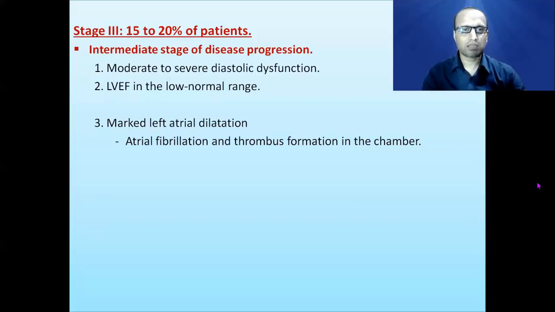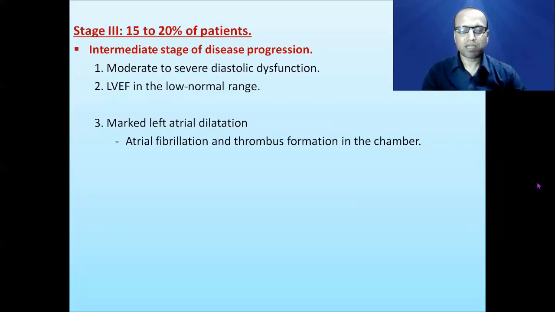And there is severe left atrium dilatation, because only a decreased amount of blood from the left atrium can enter the left ventricle. So the left atrium dilates progressively because blood accumulates in the left atrium.